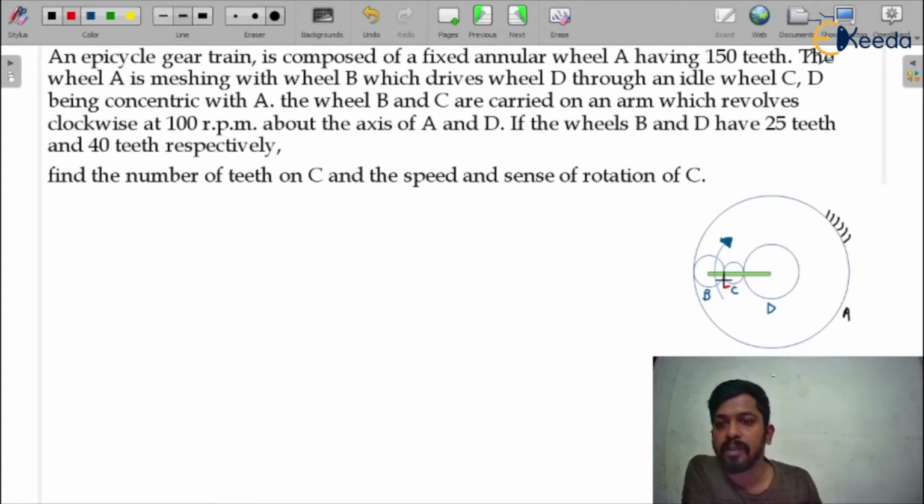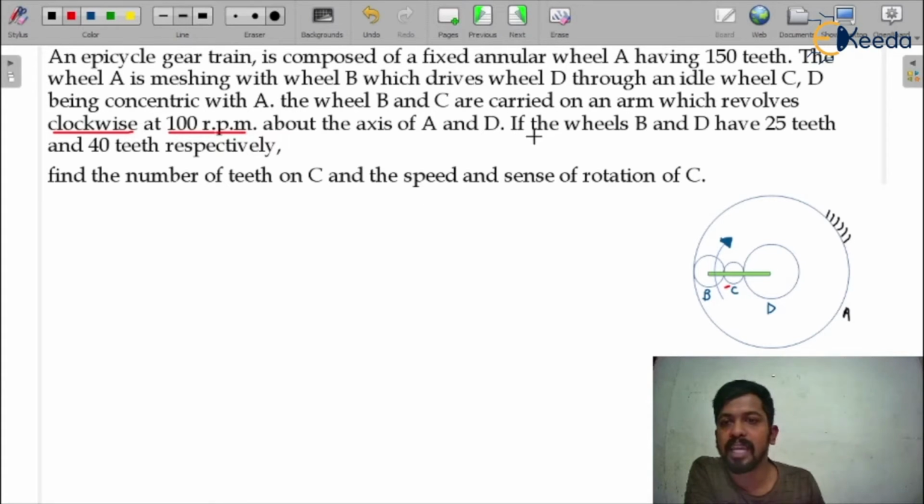Now there is an arm which is here, rotating in the clockwise direction at 100 rpm, given in the question. About the axis of A and D, you can see A and D are both concentric. The center of D and the center of A are the same center.